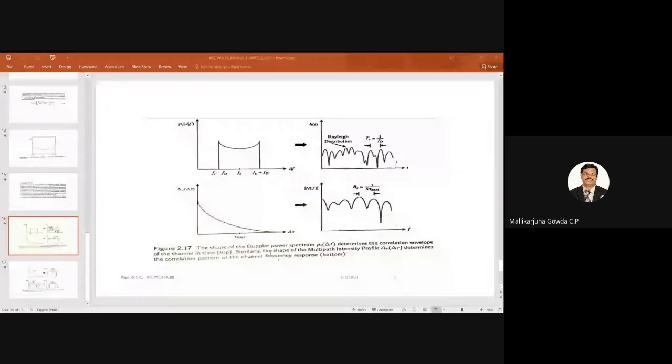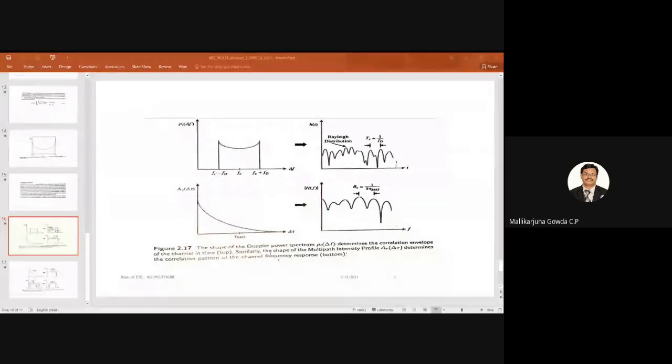So when I transmit a single impulse, maybe a single tone sinusoidal signal at frequency FC, due to the Doppler spread, due to the relative motion of transmitter and receiver, at the receiver I will be receiving signal other than FC.